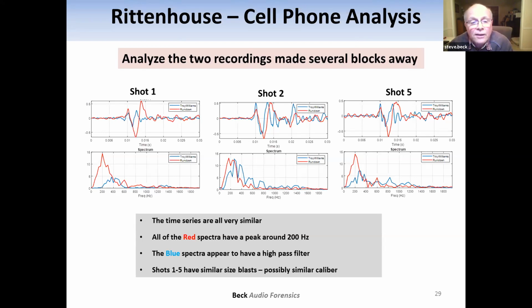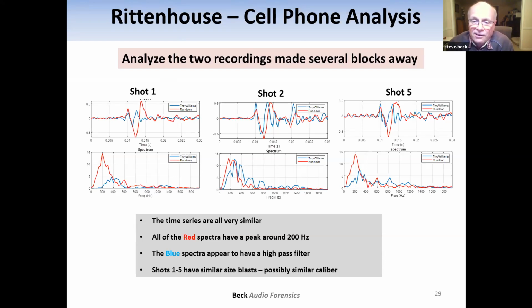The other interesting thing, because you guys are all audio folk, is that there's a big spectral difference between those two recordings, even though they're actually very close by. So I assume that the blue spectra has a high pass filter. And again, why am I interested in that?